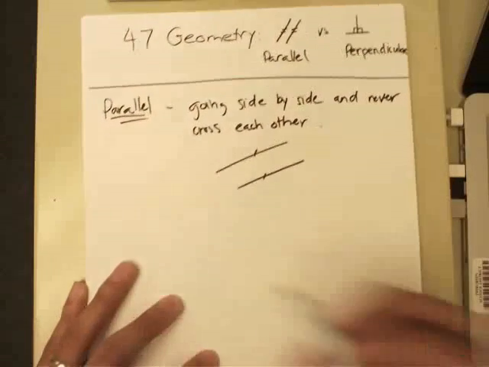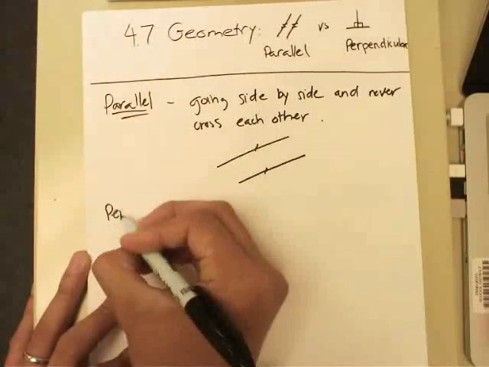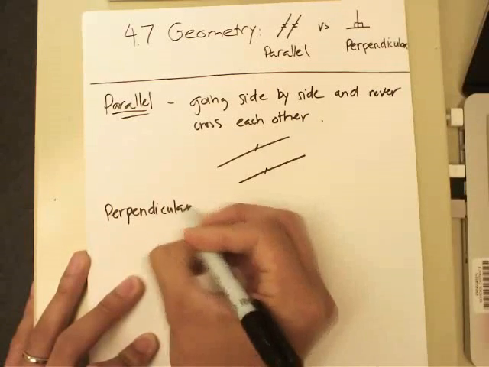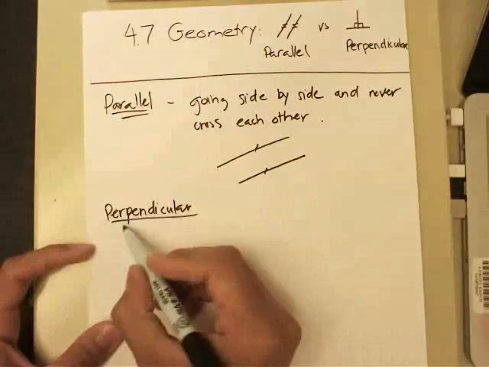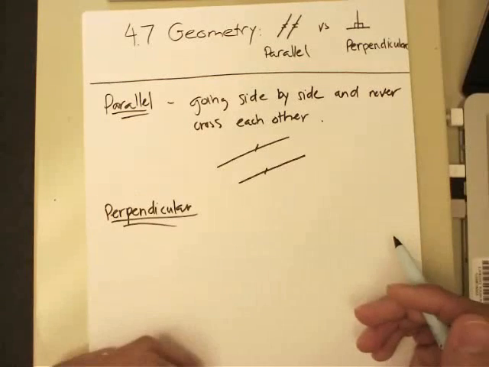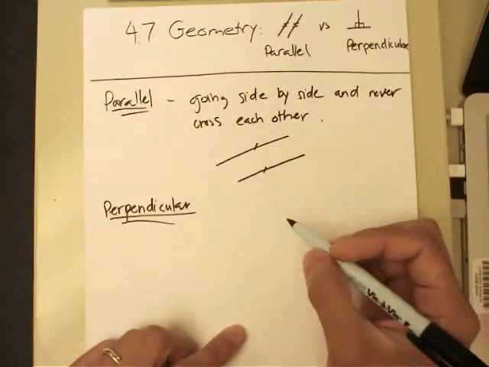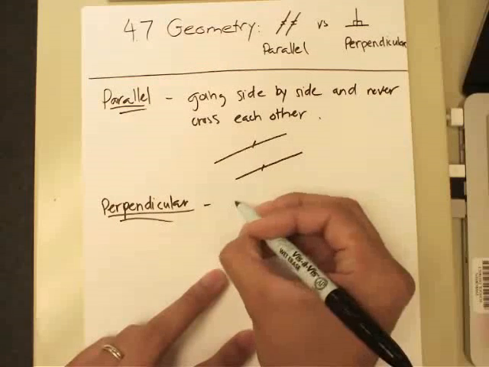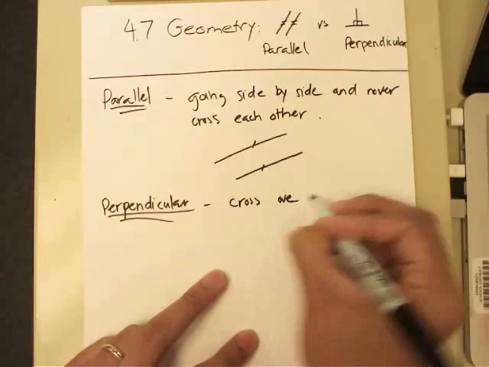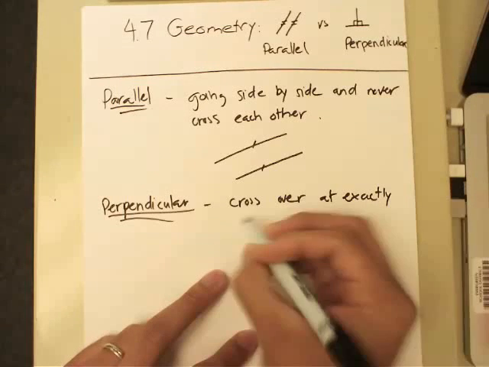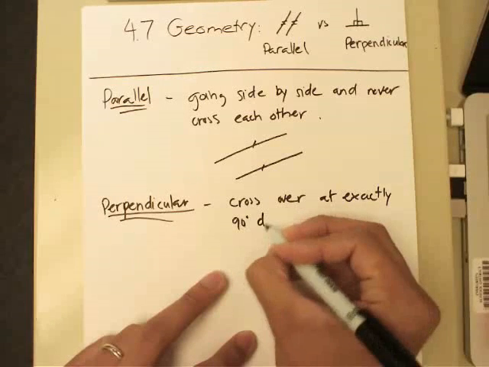Okay, and vice versa. When we talk about perpendicular, we are guaranteed that these two lines will cross over at some point, but they don't just cross over at a point. They have to be exactly 90 degrees when they meet. Okay, so they will cross over at exactly 90-degree angles.